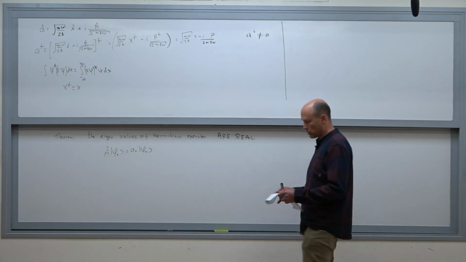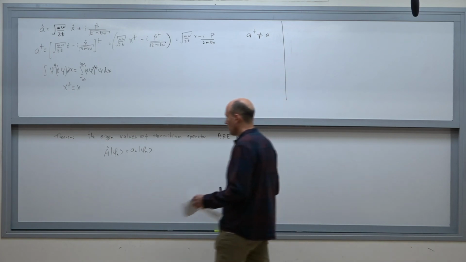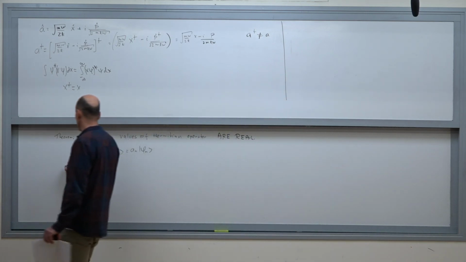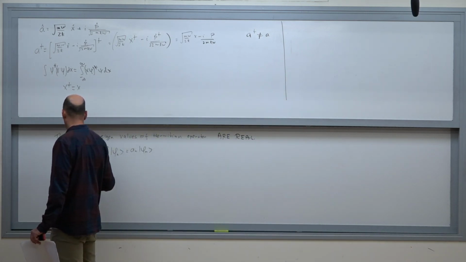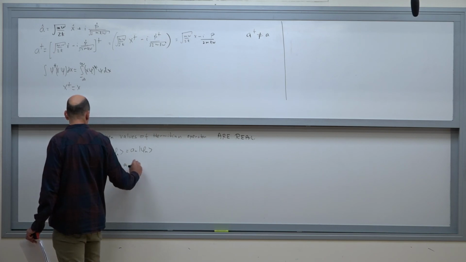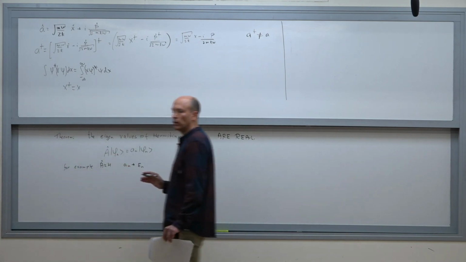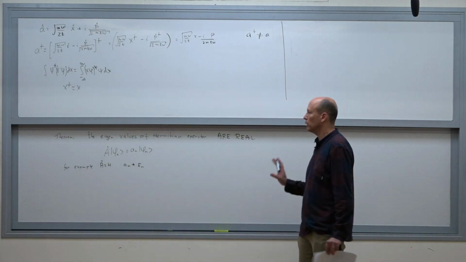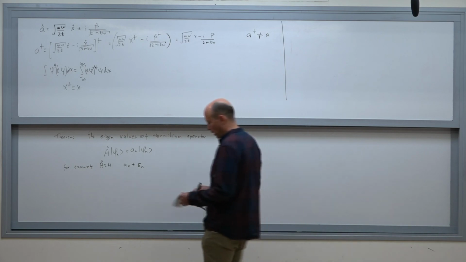That's just to simplify it. For example, A could be H. Then the A n are the energy levels. These energy levels are real. We saw in a few examples that they are real, but not only.